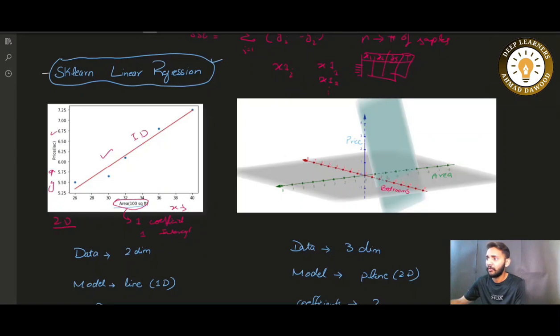If we have two independent variables and one dependent variable, of course, we will have a total of three variables in our data set.